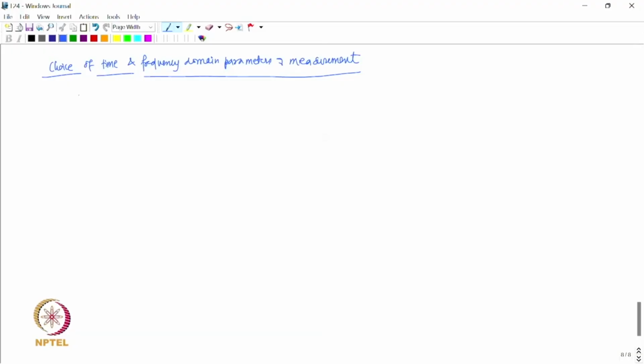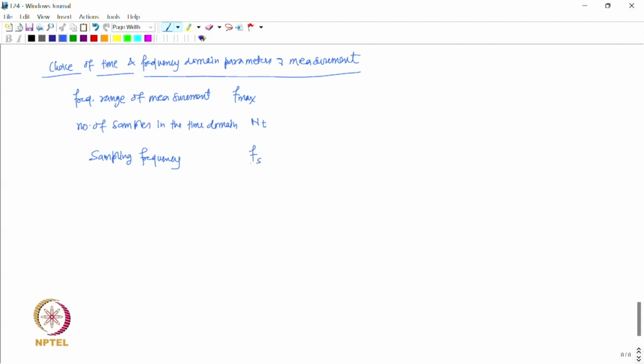So, what are the time and frequency domain parameters? One parameter is the frequency range of measurement, which is Fmax. Then we have the number of samples in the time domain, let us call it NT. Then we have the sampling frequency, which we can represent by Fs.